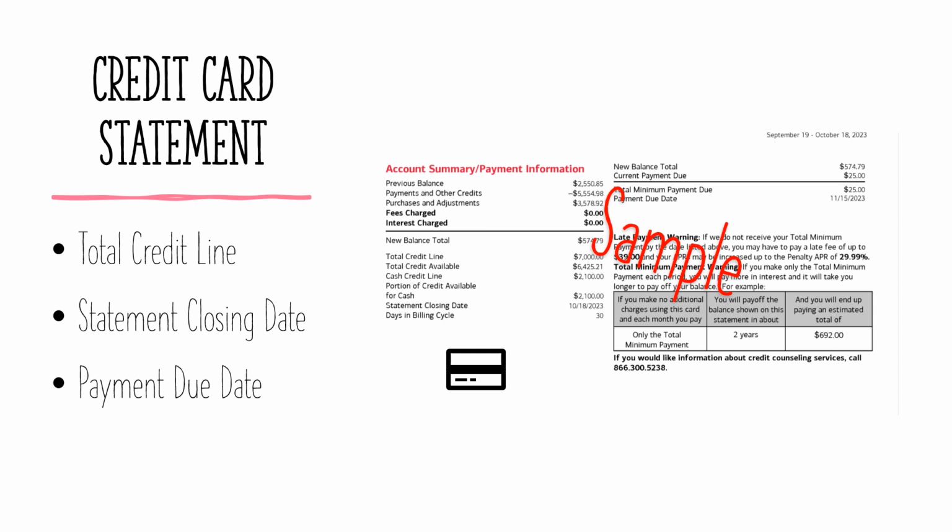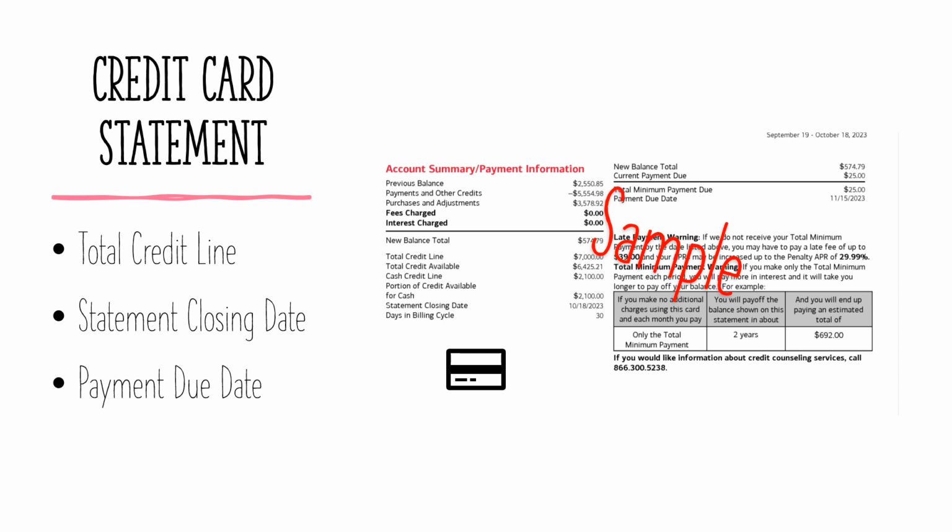And the statement closing date is October 18th, 2023. And there's something significant about that closing date. So what we're accounting for is everything that occurred on or before October 18th, 2023.